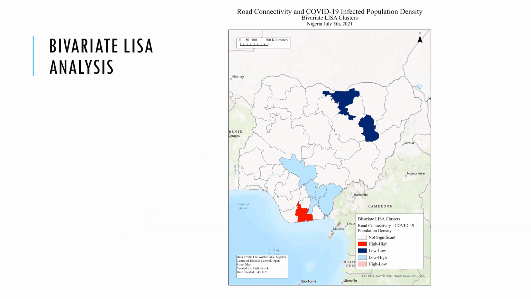And then here's the bivariate LISA analysis. There is one high area, and up here were the areas of low.